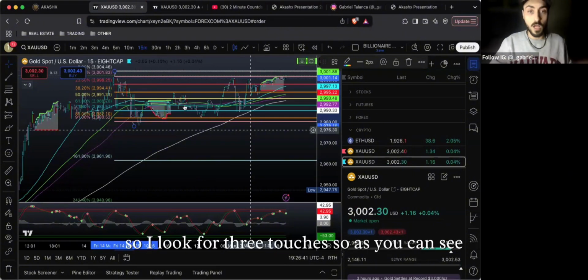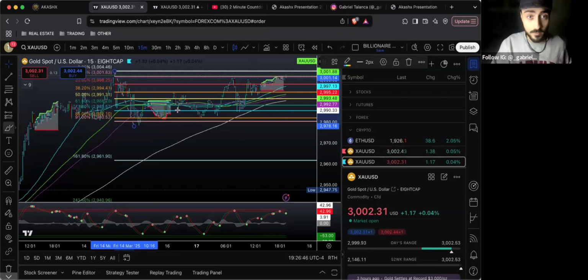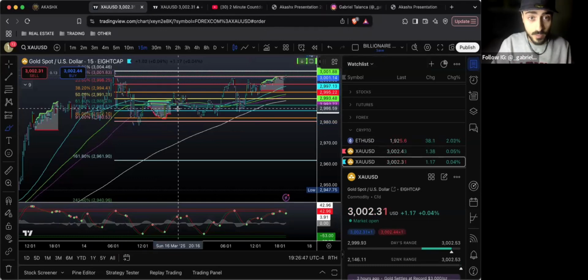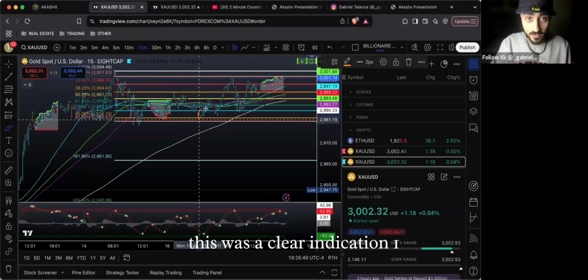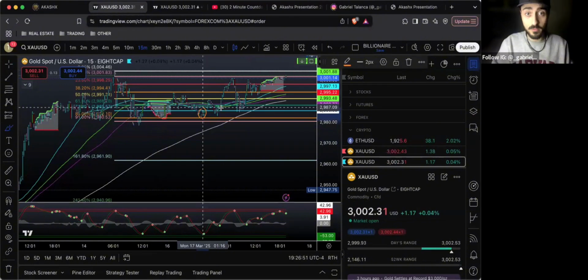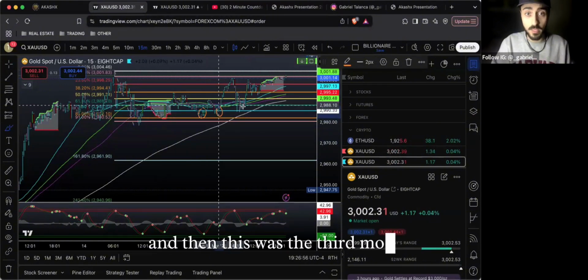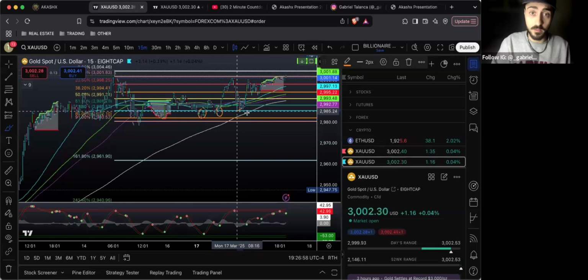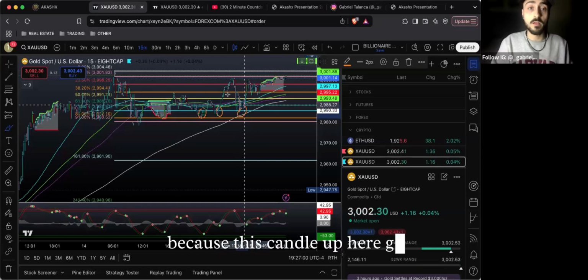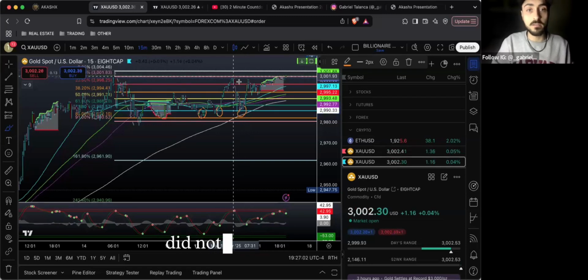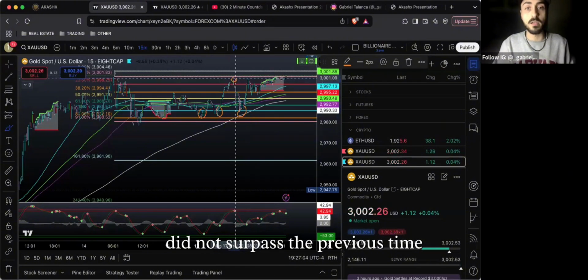So I look for 3 touches. As you can see, here's one. This was a clear indication. 1, 2. And then this was the third move here. Why was this the third move? Because this candle up here, guys, did not surpass the previous high.